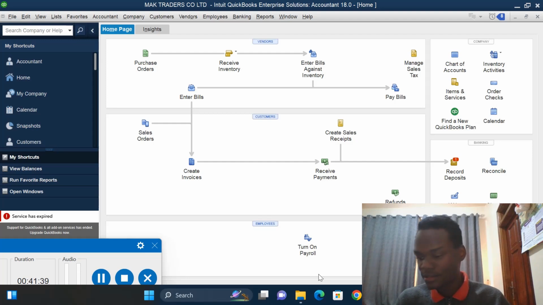Our next transaction on 11th January: sold 6 motorcycles and 2 generators for cash to Mona Auto Dealers.